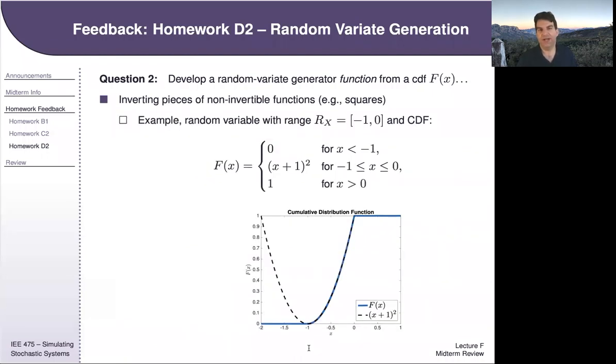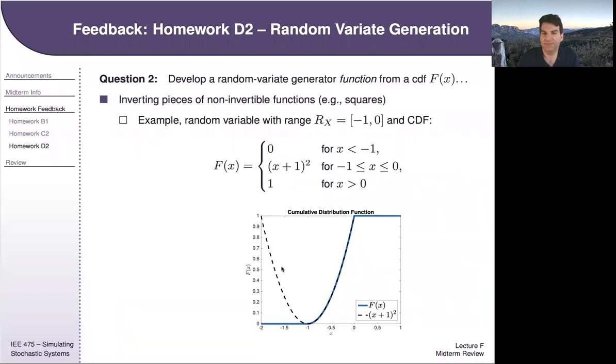And then be careful about your square roots. I've mentioned this before. If I give you a CDF that's got a square in it, you're going to have to take a square root. For this particular CDF, the idea is that it is flat and then rises with this half of the parabola, this half of the square. Remember, an inverse is effectively taking numbers that are coming in on the left and mapping them to things down here on the bottom.